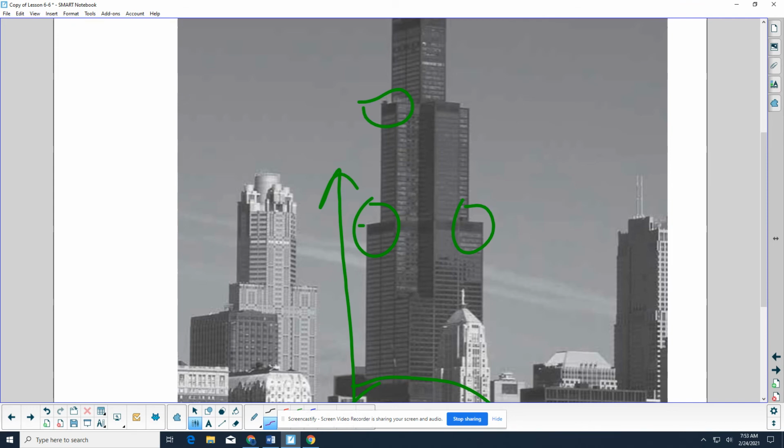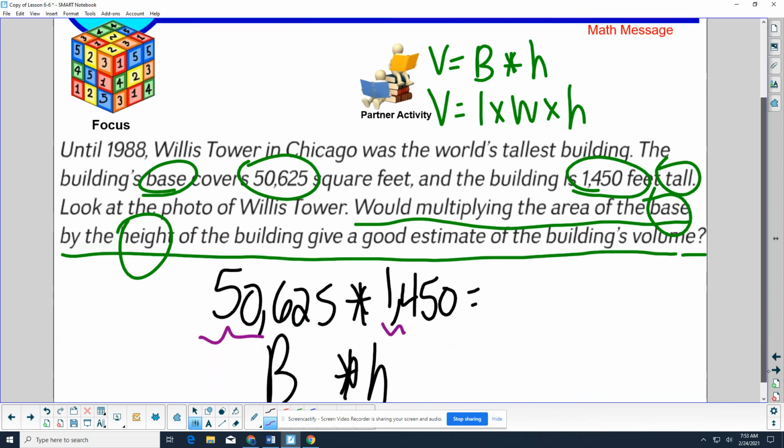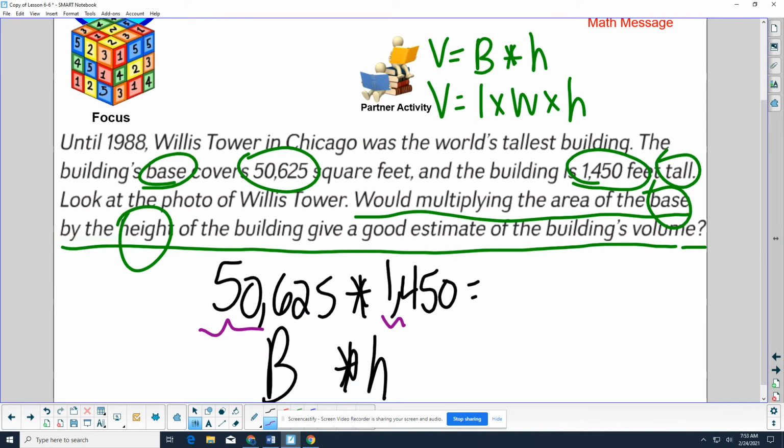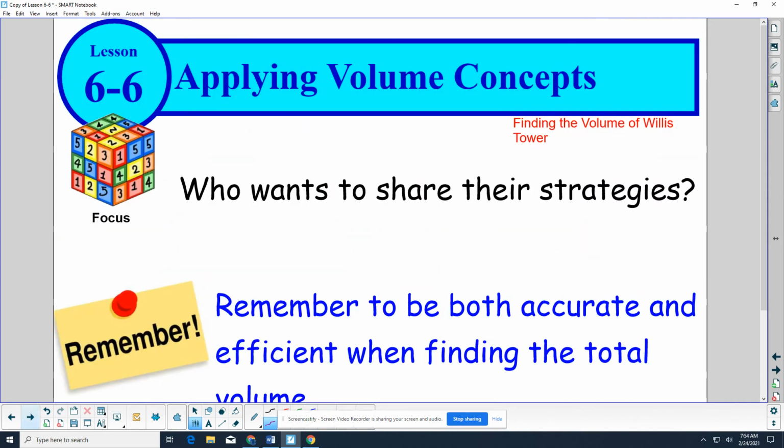But go ahead and take those numbers, calculate those with your calculator. So pause the video now and go ahead and calculate. You can use a calculator in your Chromebook, or if you have your own calculator or on your phone or tablet. But go ahead and use your calculator to multiply the base times the height. Okay, so hopefully you've had a chance to do that. So let's see if your numbers match up to mine.